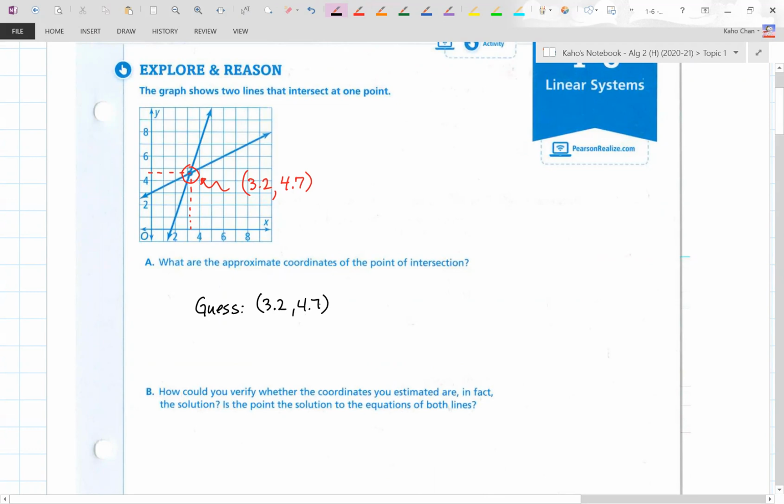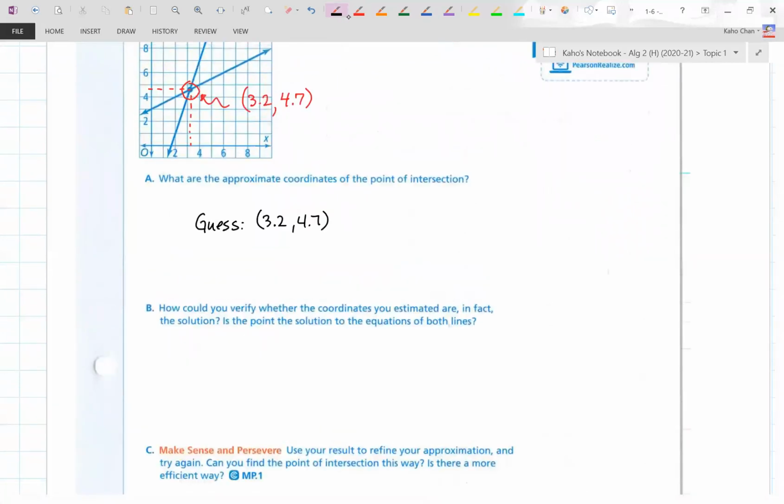Okay, nice little start. Second question: how could you verify whether the coordinates you estimated are, in fact, the solution? Is the point the solution to the equations of both lines? Well, in order for it to be a solution, it has to be true for both lines. So the answer is yes.